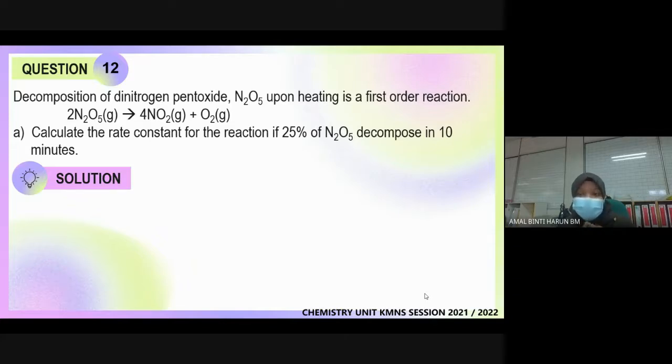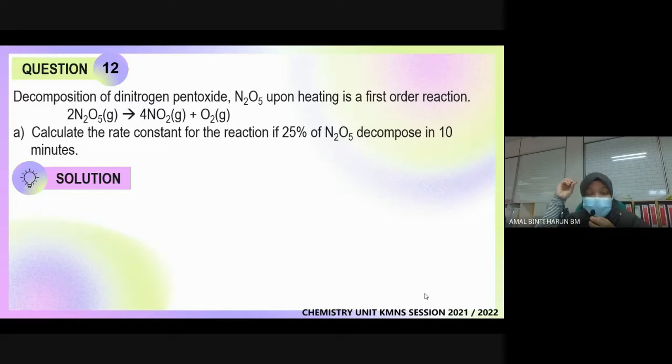Sebelum decompose, is 100%. Right? Kalau decompose maknanya terurai sebanyak 25%. After decompose 25%, the final concentration would be 75%.